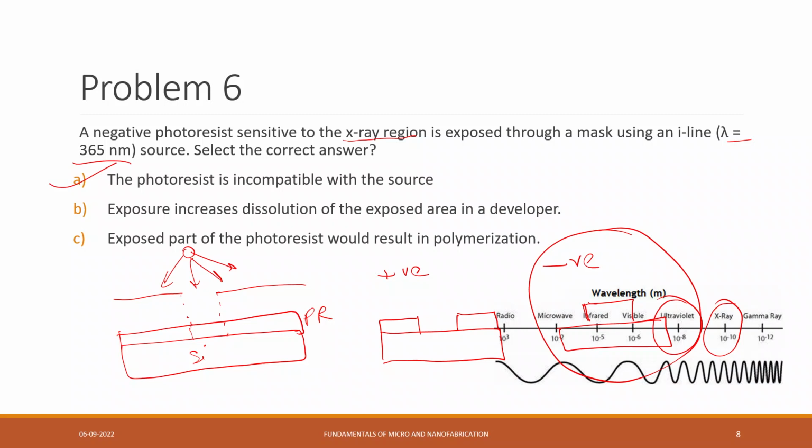You should read the options first: what the photoresist is sensitive to and what light sources are present, and depending on that you will get the answer. But the positive and negative part was totally correct. Perfect.